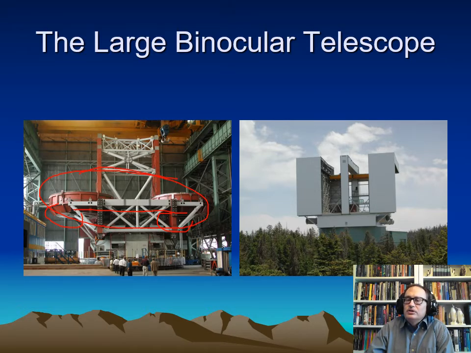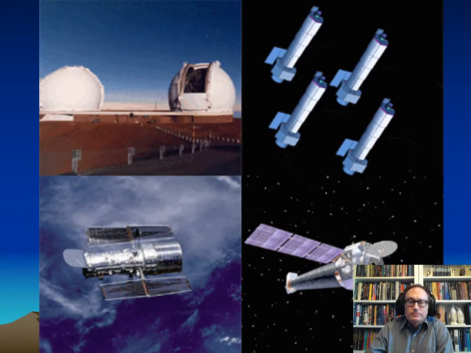Okay, so again, this is an example of optical interferometers. The Keck is a good example. But what we would really like to do is have a fleet of space-based telescopes that can be stretched out over miles.